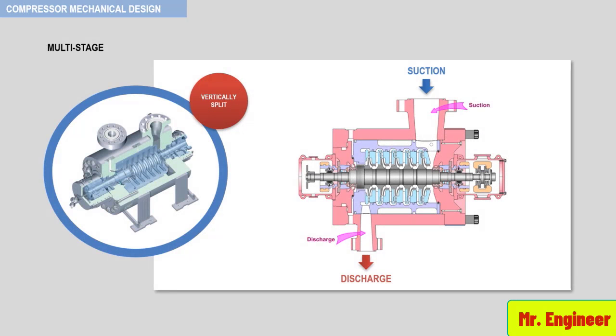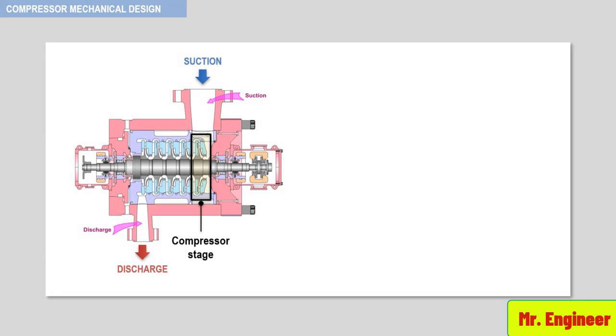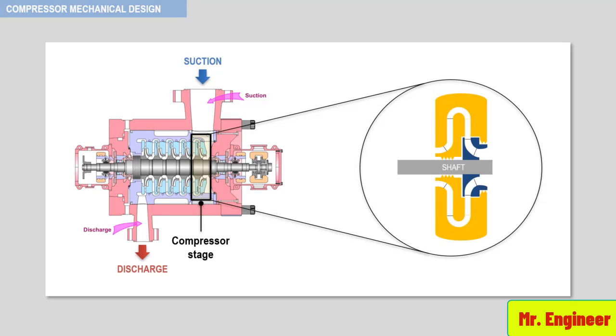You can see here a typical multi-stage vertically split centrifugal compressor with its corresponding cut section. Let's have a closer look at one of the compressor stages. As seen in a previous video, a compressor stage is symmetrical, so we can focus only on the upper half of it.